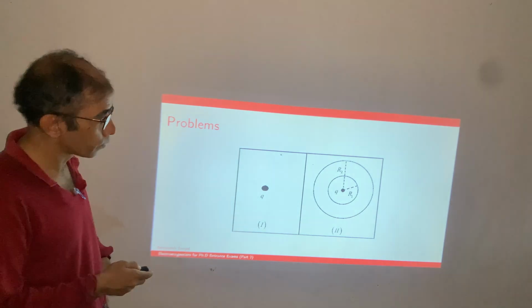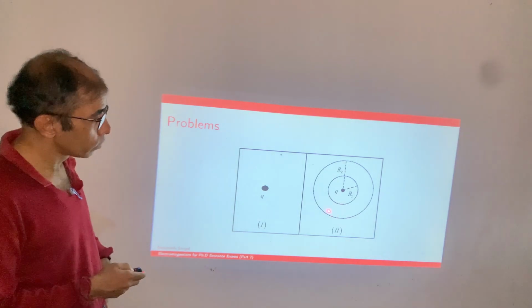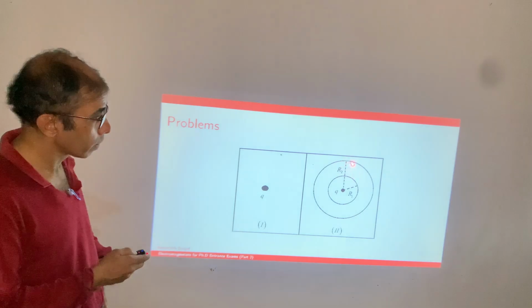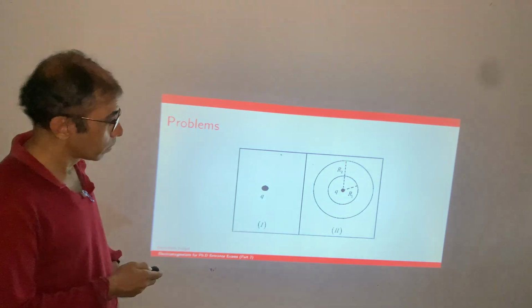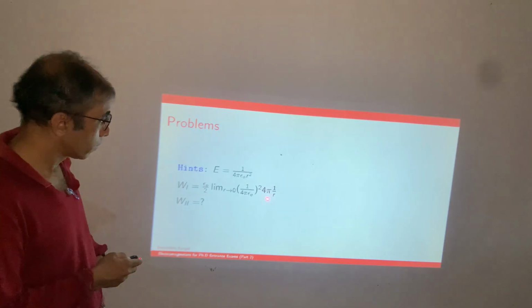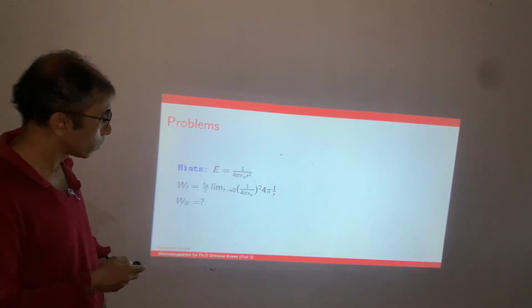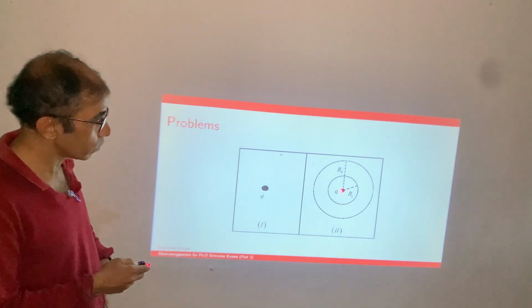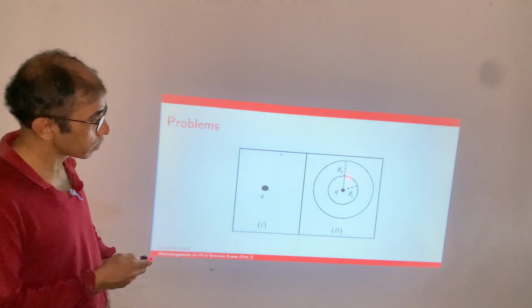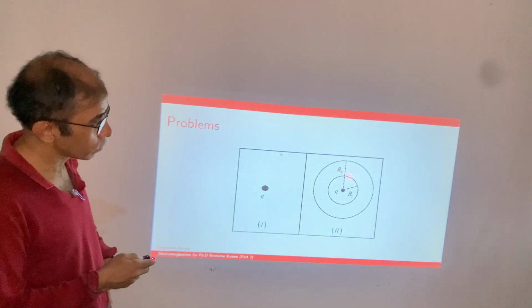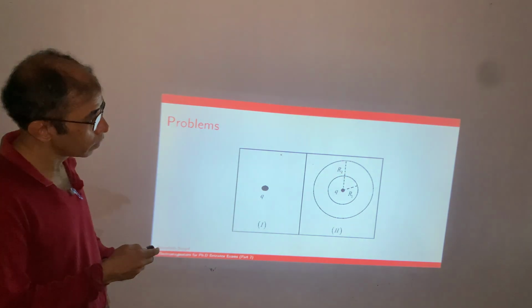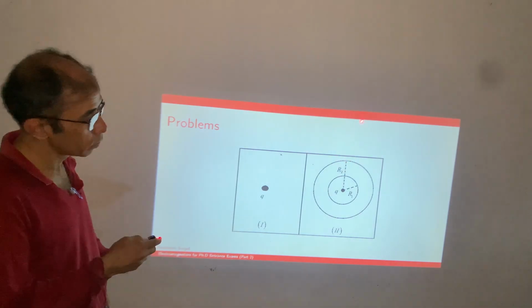It's not difficult. So do this integral, from 0 to R1 equal to 1, and again from R2 equal to 2 to infinity.